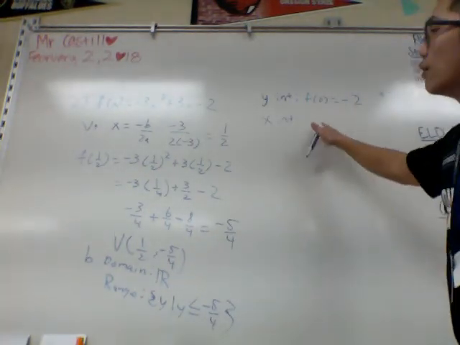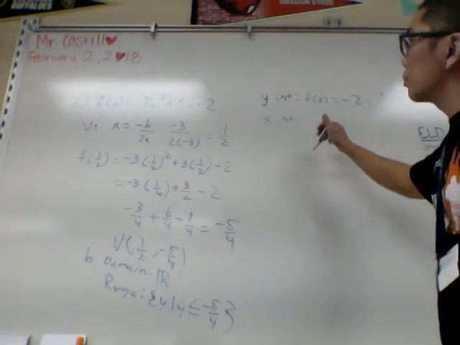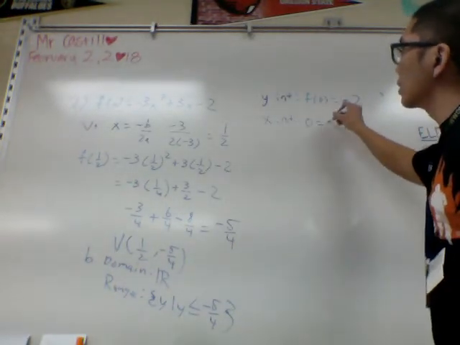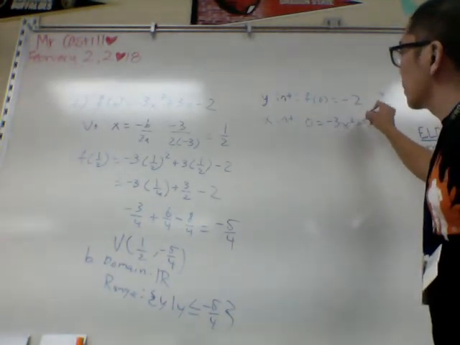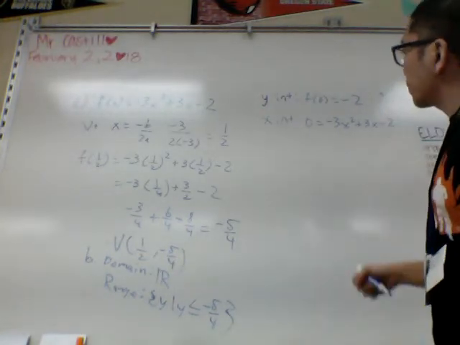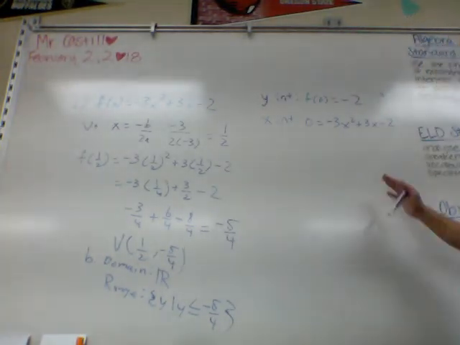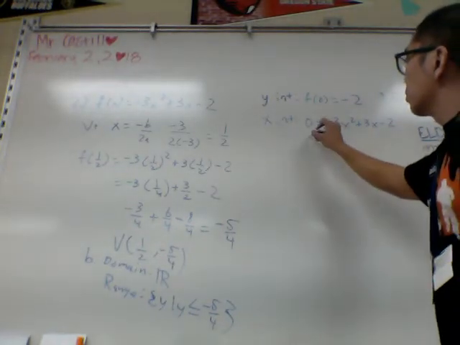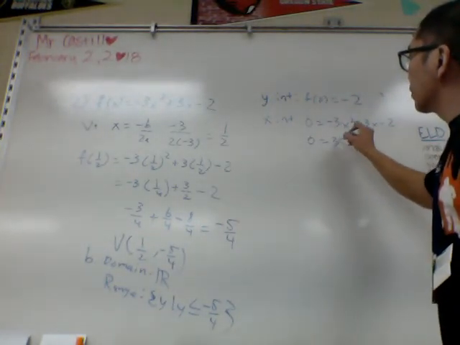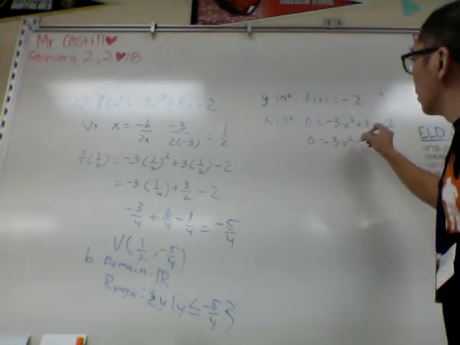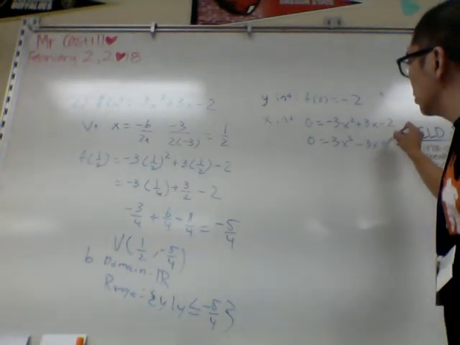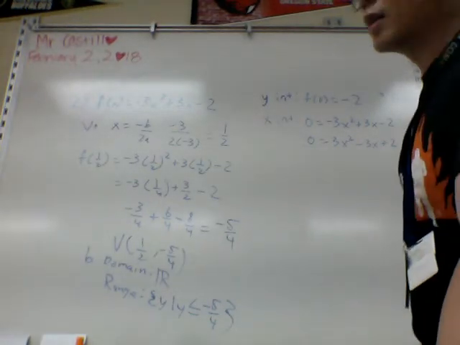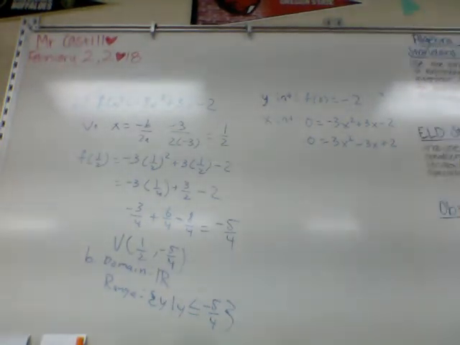But if you didn't catch that and you were doing this problem, you would set the function equal to 0. Obviously, it's easier when your leading coefficient is positive, so I'm going to multiply both sides by negative 1. So I have 3x squared minus 3x plus 2. And when you see this, you were trying to factor it, but it can't be factored.